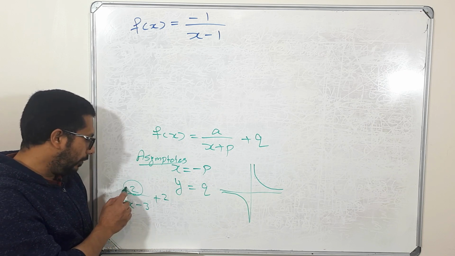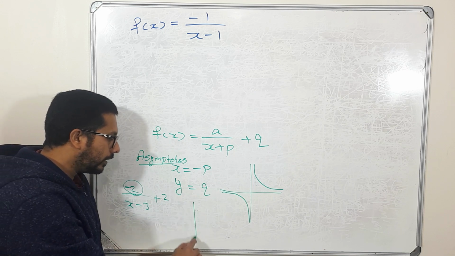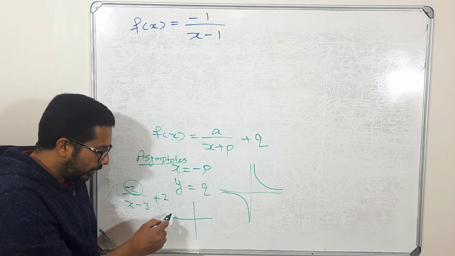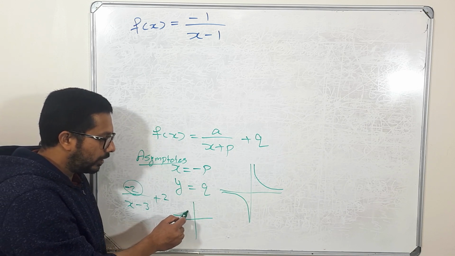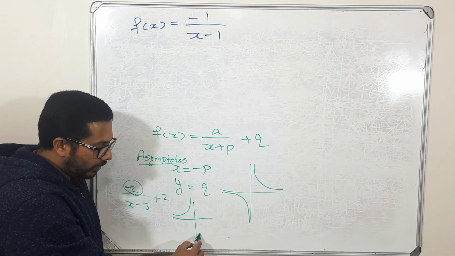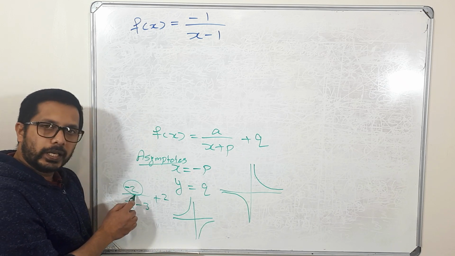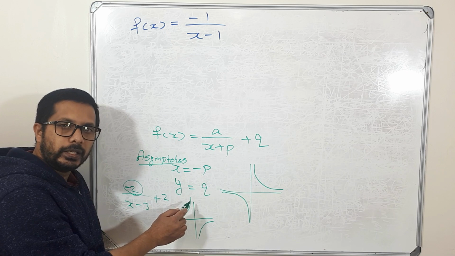But if the value of a is negative, then it is an increasing graph. What is the meaning of an increasing graph? Increasing, increasing, and here also increasing. So if the value of a is negative, the graph is increasing.